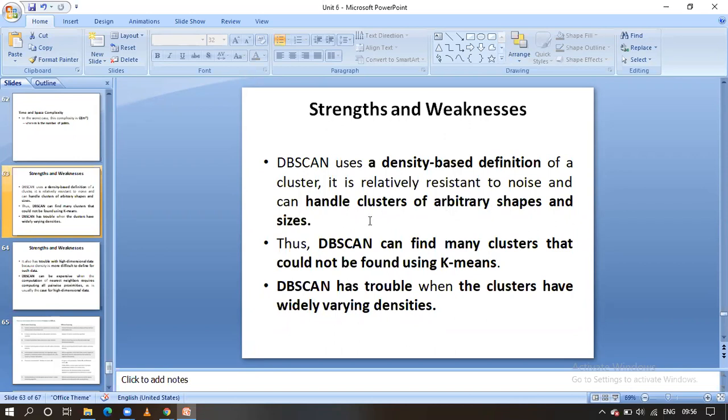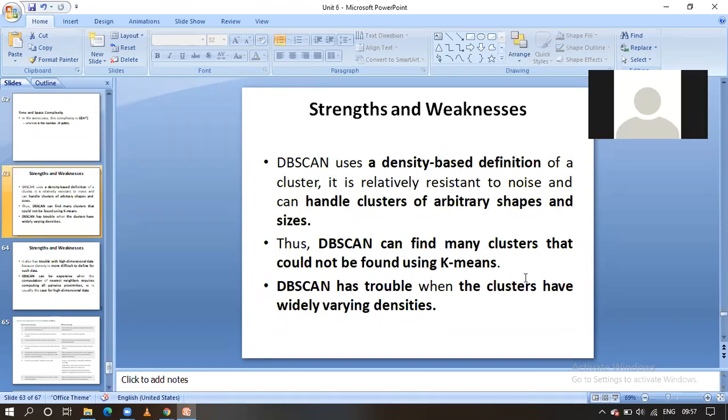With DBSCAN, we are not going to specify the number of clusters. In the k-means algorithm, we have to give how many clusters we want, that is the input for k-means. But with DBSCAN, there is no need to specify the number of clusters.